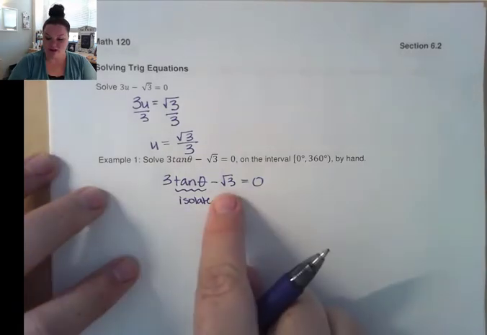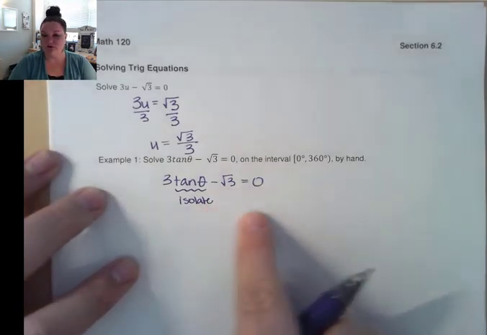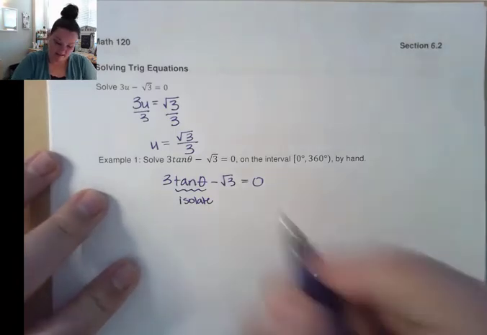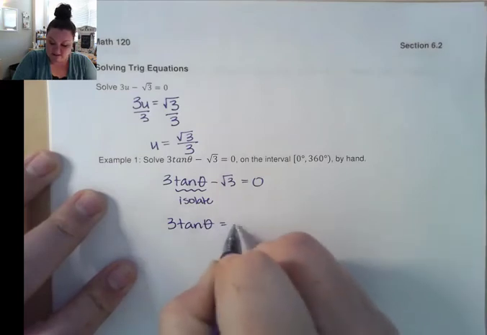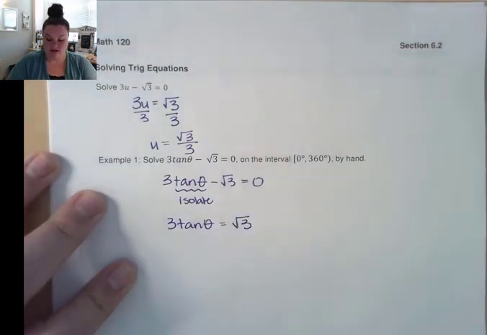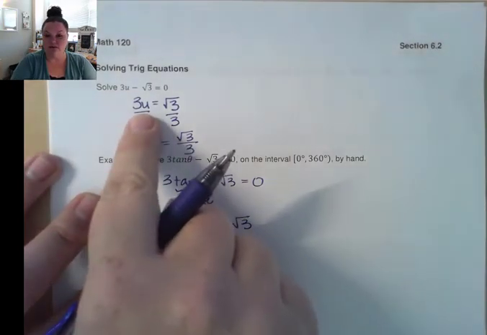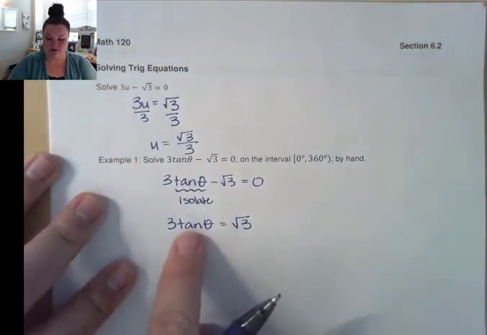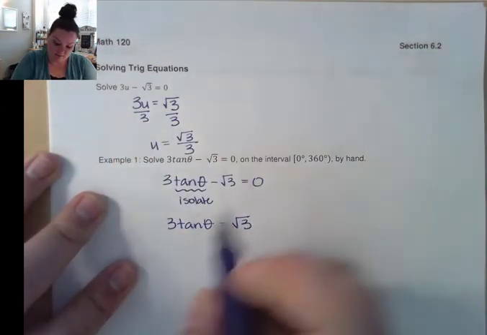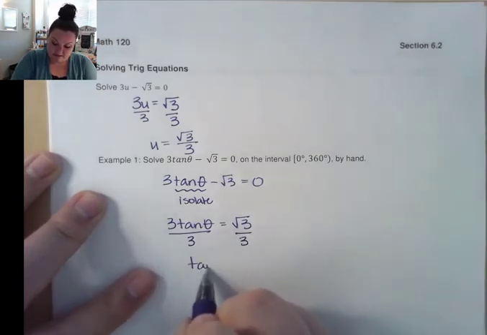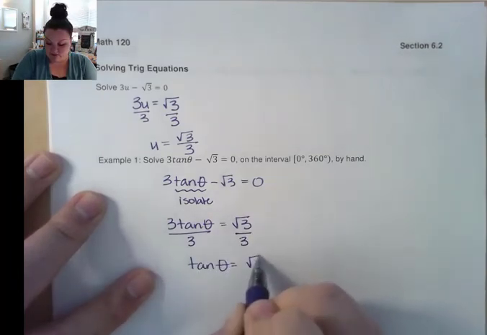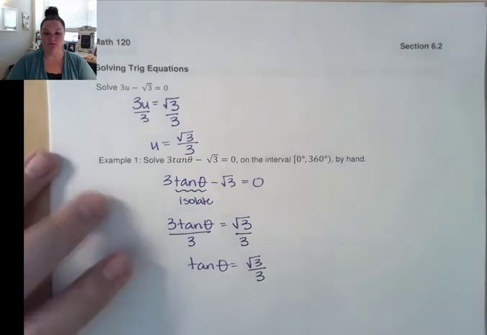So we do it the same way. We move our square root of 3 over to the other side by adding. That gives us 3 tangent theta is equal to the square root of 3. And just like we did over here to get u by itself, we divided off the 3, here to get tangent theta by itself, we just divide both sides by 3. So tangent theta is equal to the square root of 3 over 3, right?